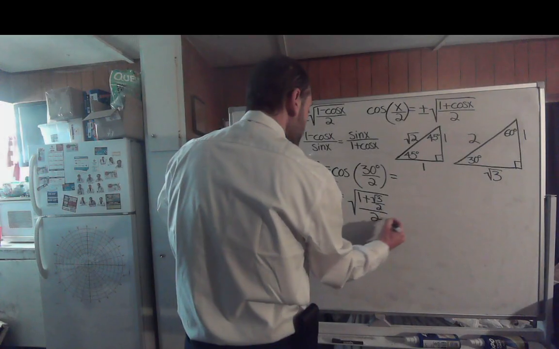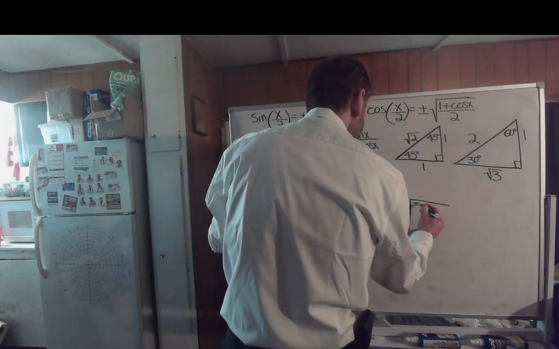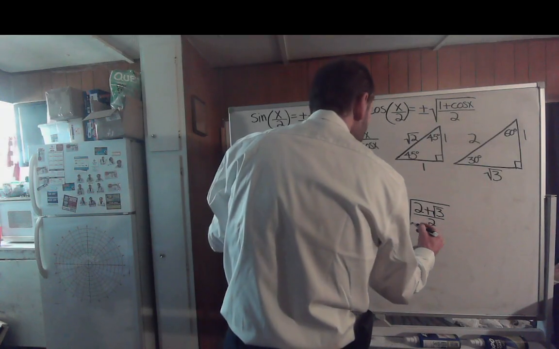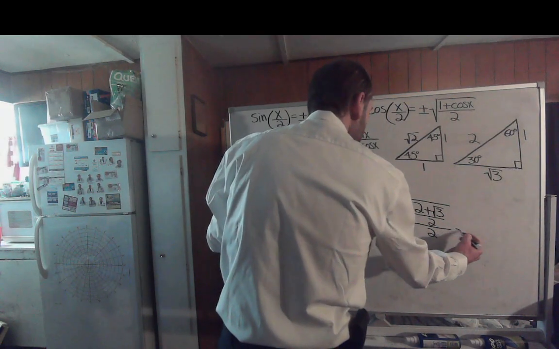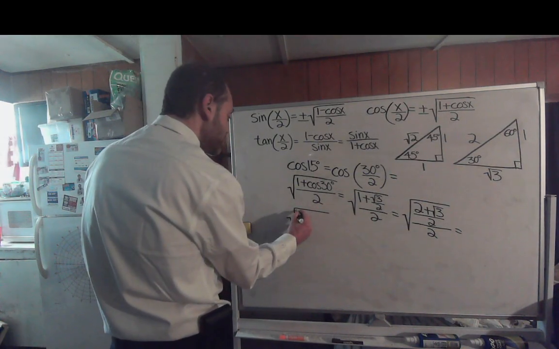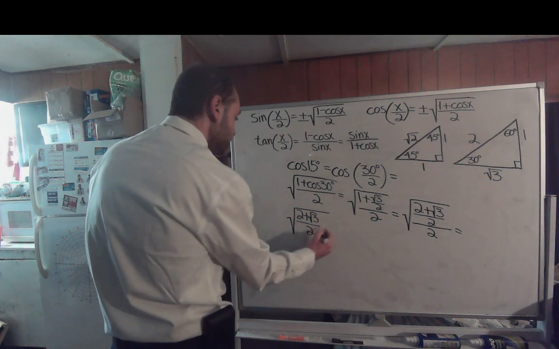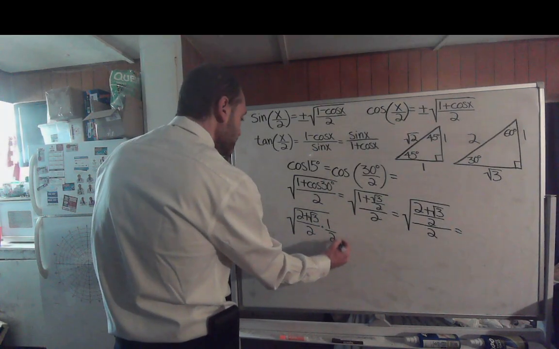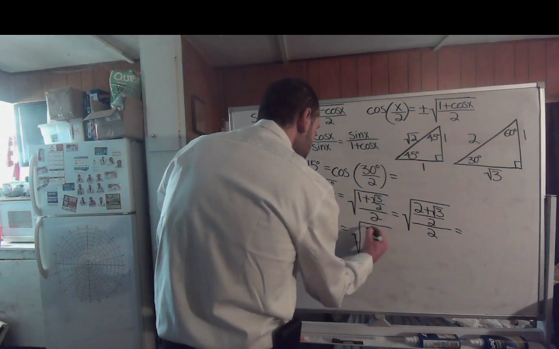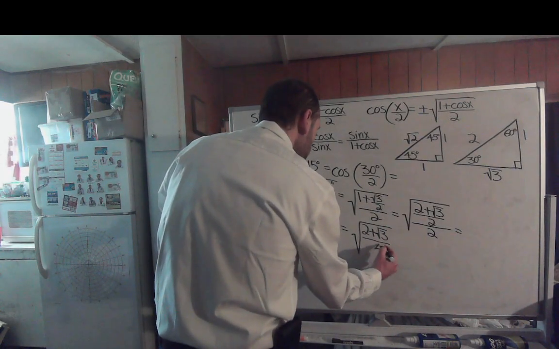All that all over 2, which would turn into the square root of 2 plus the square root of 3 all over 2, all divided by 2. You have another complex fraction inside the radical, so this would be 2 plus the square root of 3 all over 2 times 1 all over 2, which should give you the square root of 2 plus the square root of 3 all over 4.